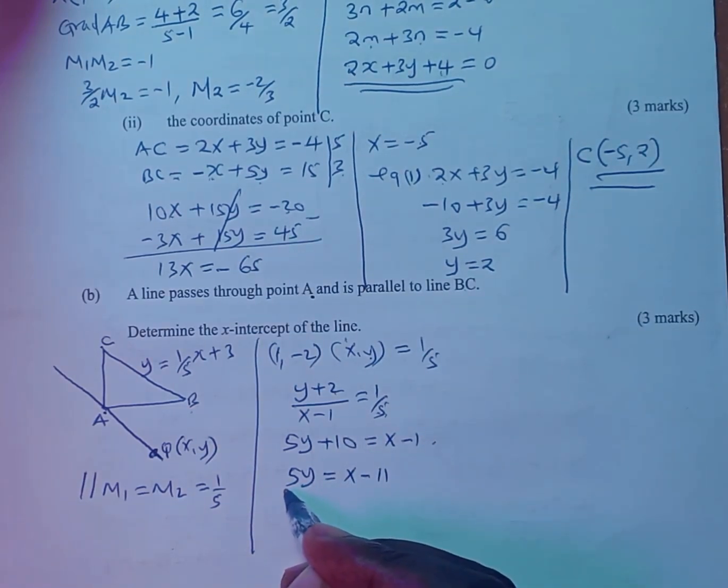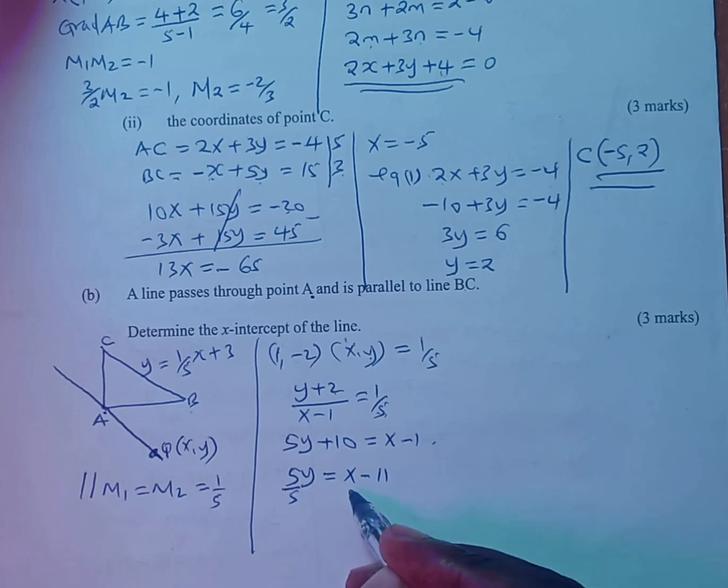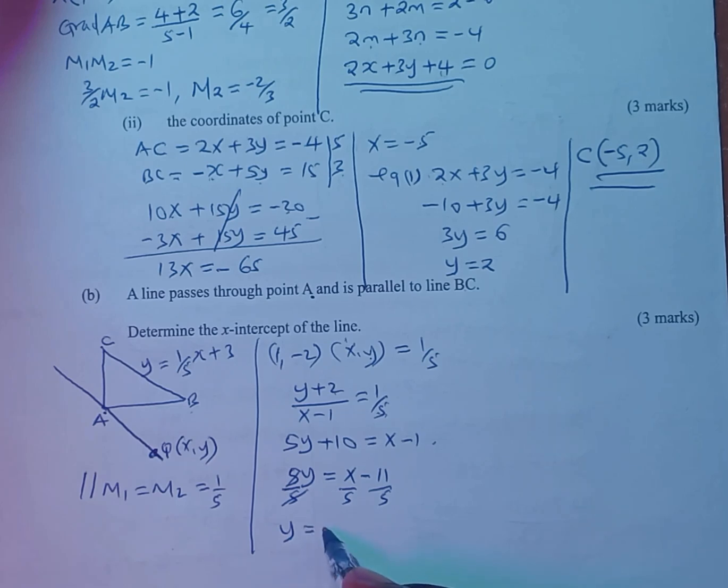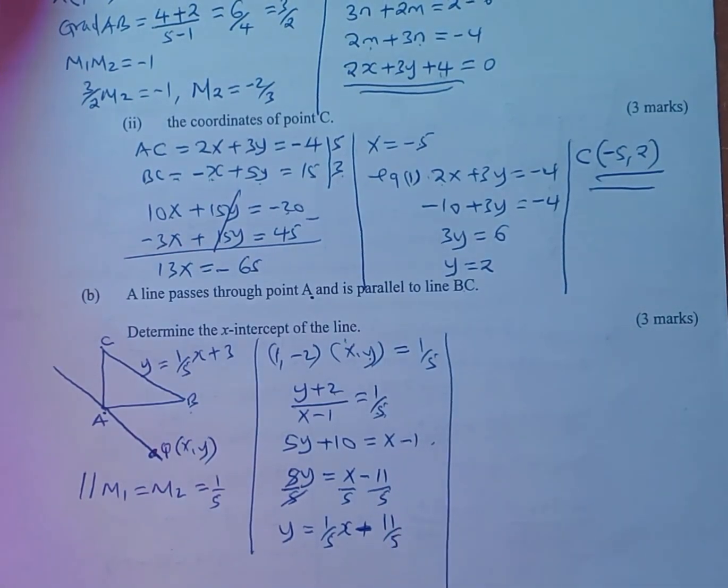Divide both sides by 5, all through. This and this goes, and our y is going to be a fifth x, plus of course that is minus 11/5. From there we are good to go.